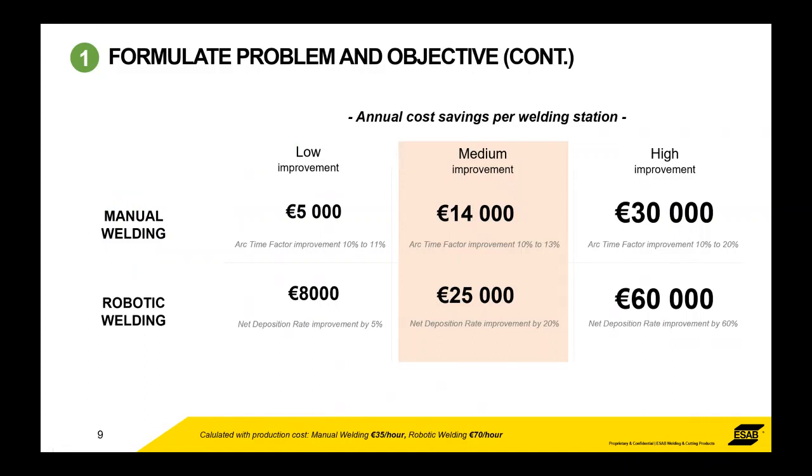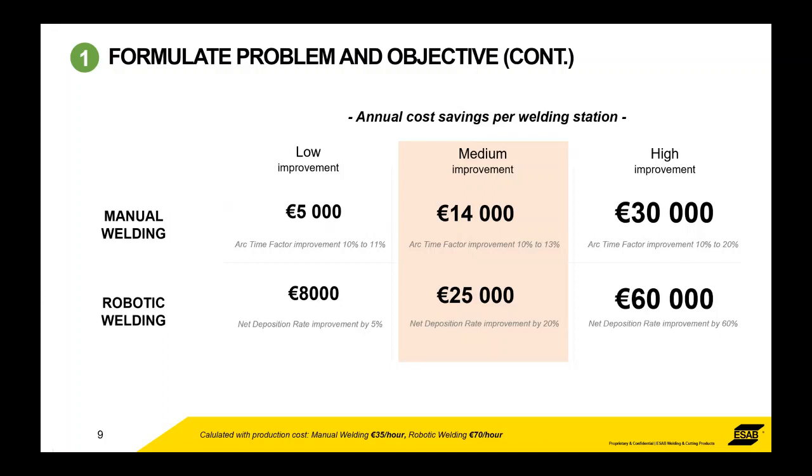As an example, to understand how big the potential is in reducing product cost and production cost, is to just look at how different productivity metrics affect annual costs per welding station. So for manual welding, we talk about two different types of metrics that we use.